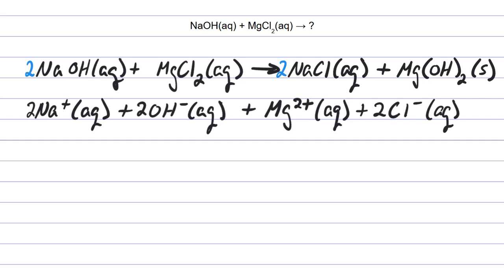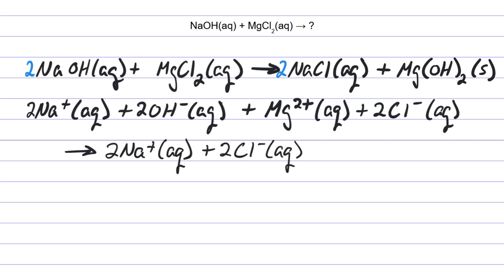On the other side of my reaction, I'm going to have to put this on a separate line. On the other side of my reaction, I have 2 sodium ions that are in the aqueous phase. I have 2 chloride ions that are in the aqueous phase.